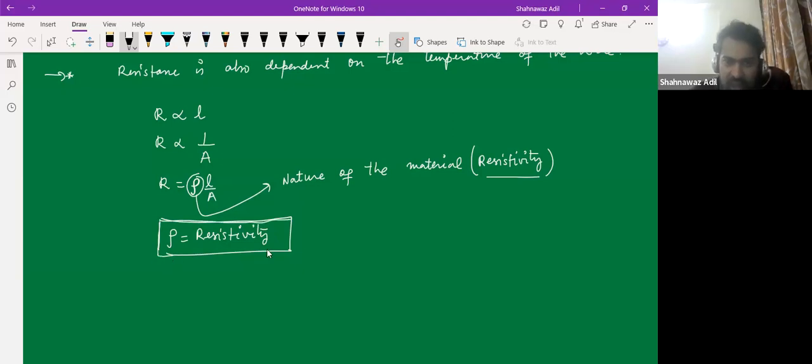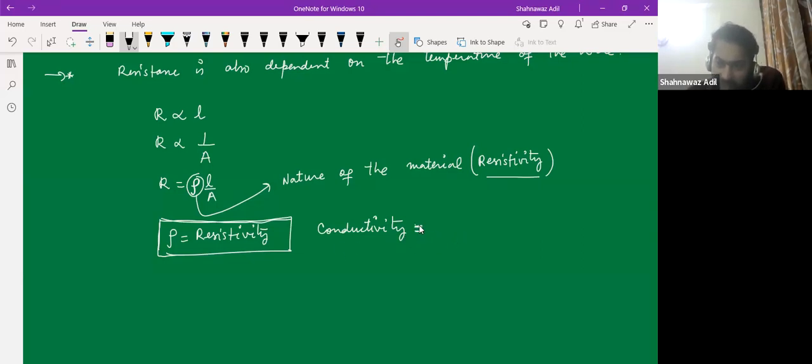And then we have another thing which is called conductivity. So we know what resistivity is. It is trying to oppose the motion of the electrons. But the conductivity, on the other hand, will try to enhance the flow of the current, or flow of electric charges.